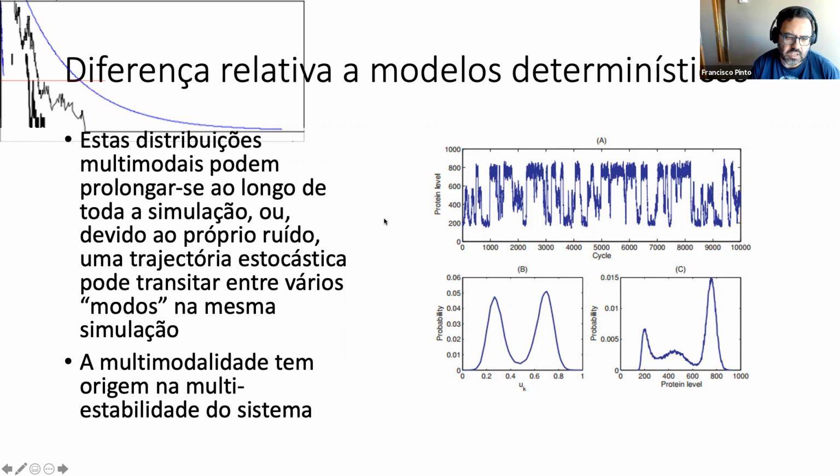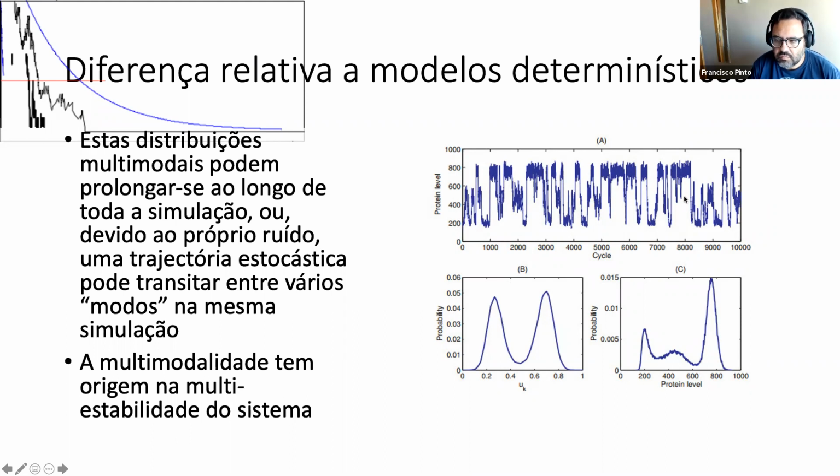So this simulates the protein levels of a given protein that is being expressed, synthesized and degraded, and it has apparently three more or less identifiable possible steady states, one with a high value of protein copies, one intermediate and one low.